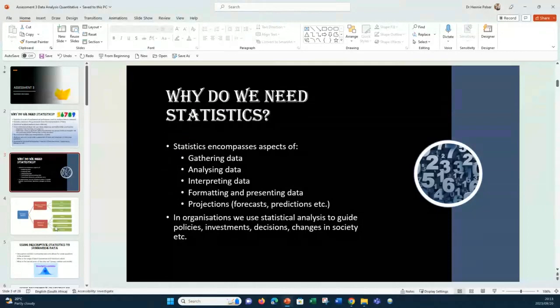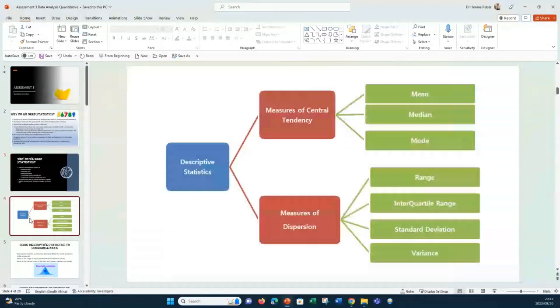So when we look at some of the descriptive statistics, we will look at measures of central tendency, and each of those points to certain relationships and people's views that will ultimately indicate to us what the averages are.